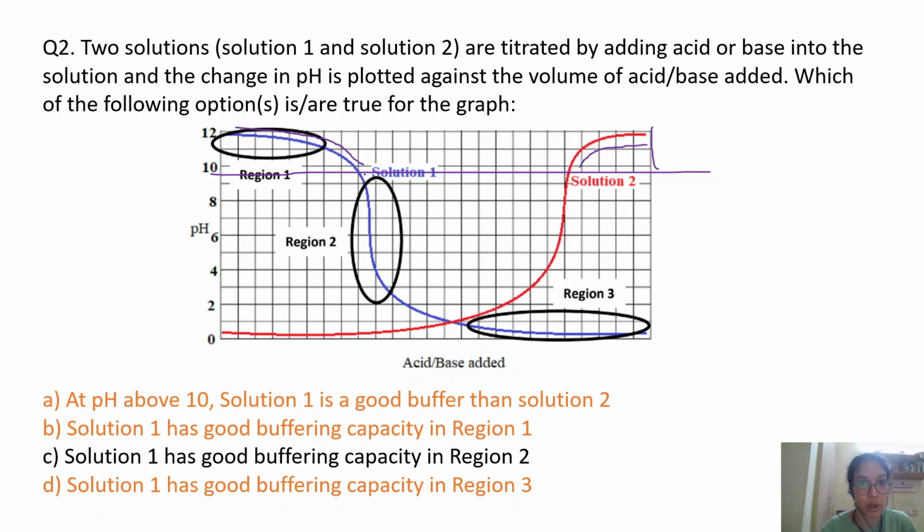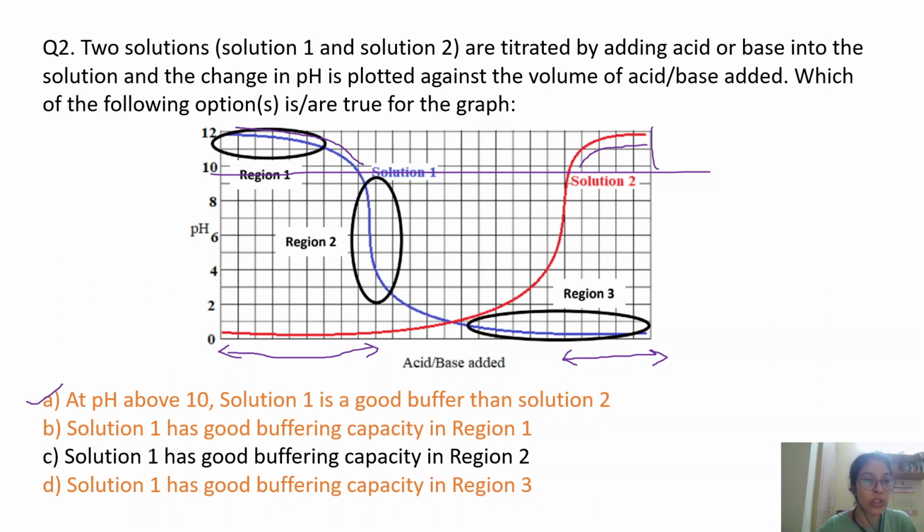Solution 1 is taking this much amount of acid or base, but solution 2 is taking this much for that 2 unit change. Which is taking more amount? That is solution 1. So that's why A is the correct option. At that pH, solution 1 is a good buffer because it is taking more amount of acid or base to get some change in its pH.